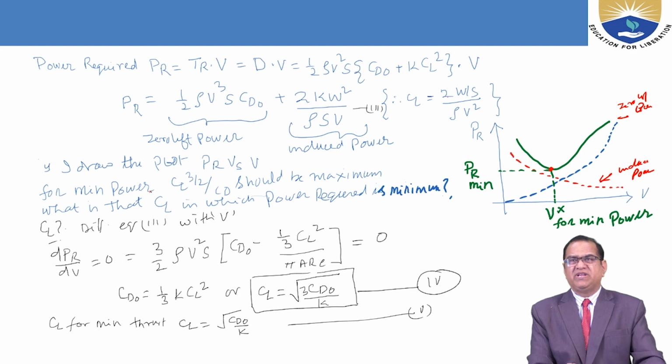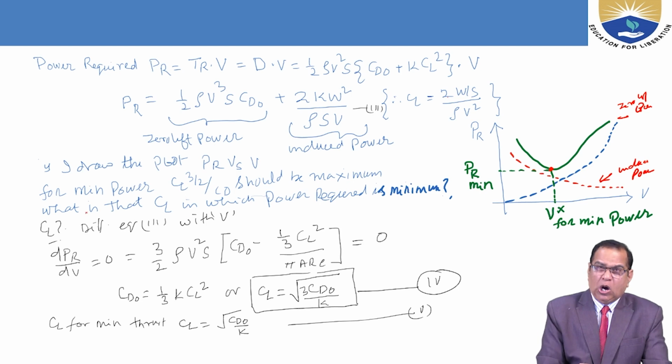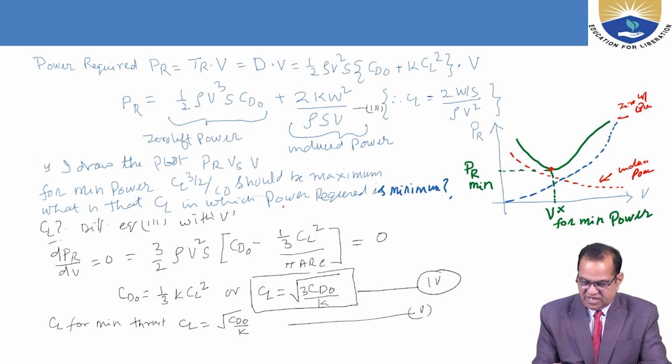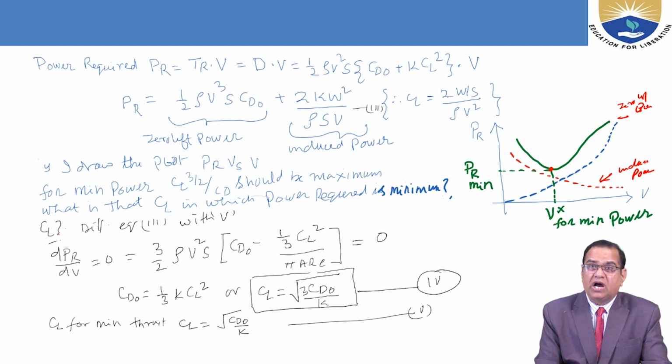So for the minimum power, CL to the power 3 by 2 by CD should be the maximum. What is that CL in which power required is minimum? So we will see by this equation, we will differentiate.